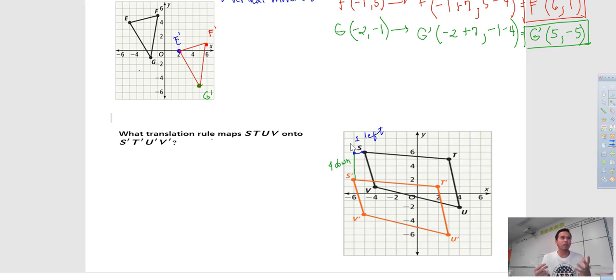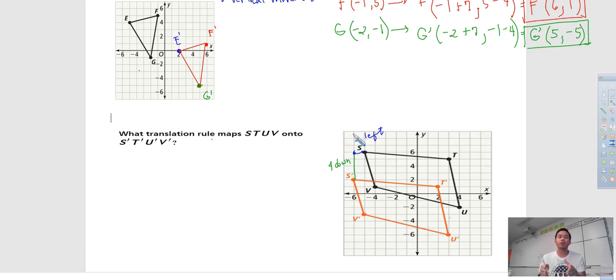Based on that, you can check with your T. That's 1 unit, and then 1, 2, 3, 4. It's the same. The changes on U are the same too. How about V? That's 1 and then 1, 2, 3, 4.